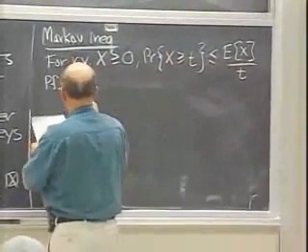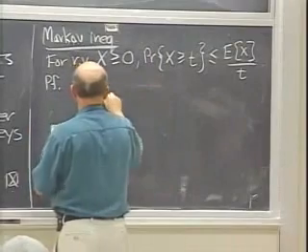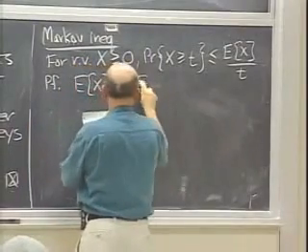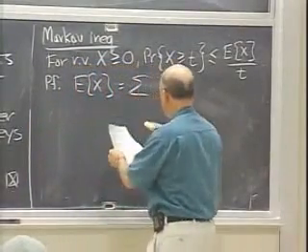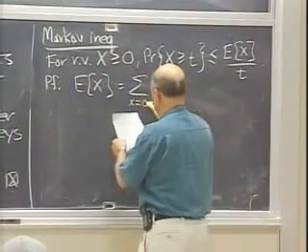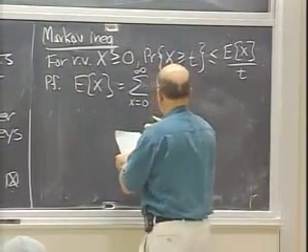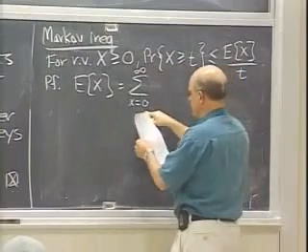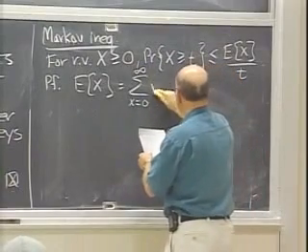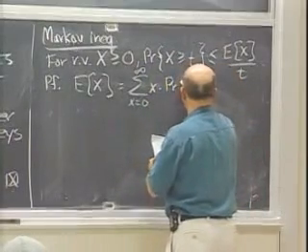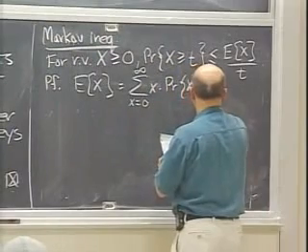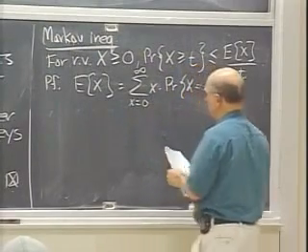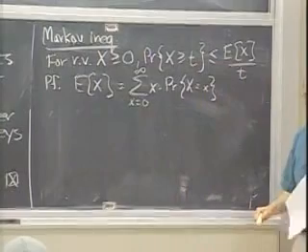Couldn't happen. And the proof follows directly from the definition of expectation. I'm doing this for a discrete random variable. So the expectation, by definition, is the sum over little x from 0 to infinity of x times the probability that my random variable takes on the value x.